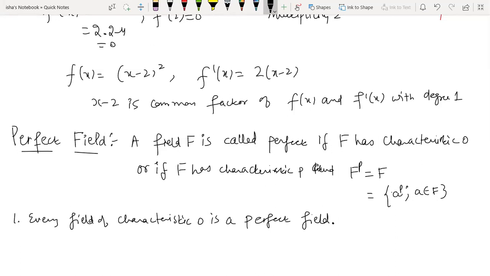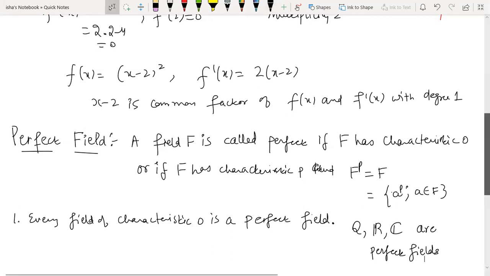There are no multiplicative inverses in integers. Integers is a ring with characteristic 0, but it's not a field. Rationals, reals, complex. These are all fields with characteristic 0: Q, R, and C. So these are all examples of fields of characteristic 0 and therefore they are perfect fields.